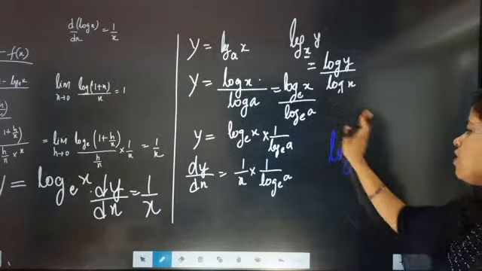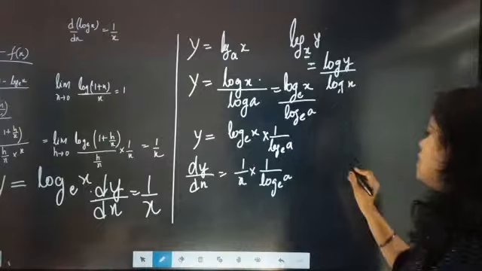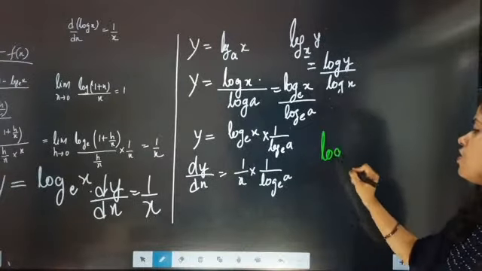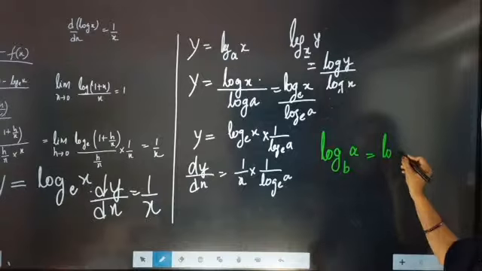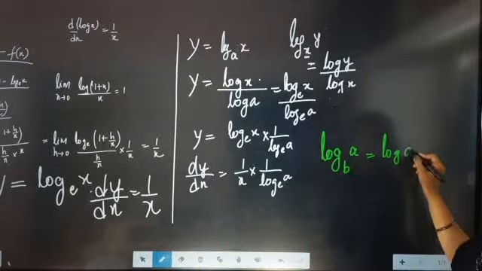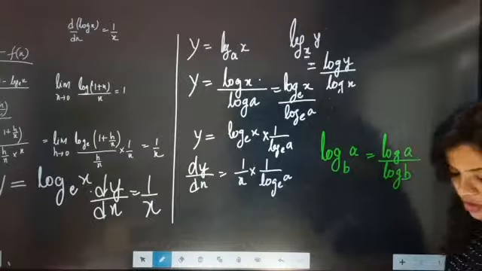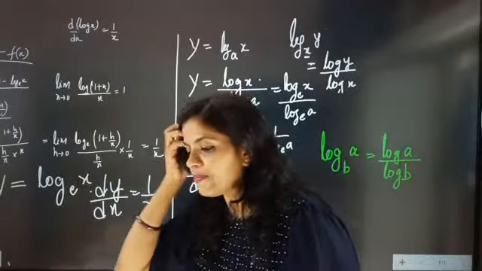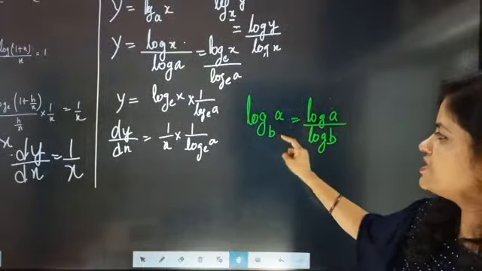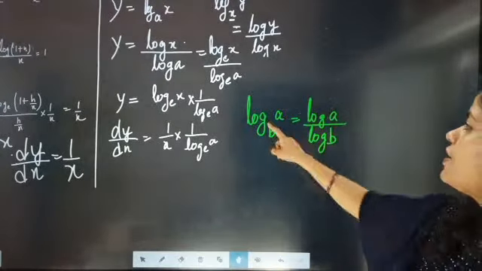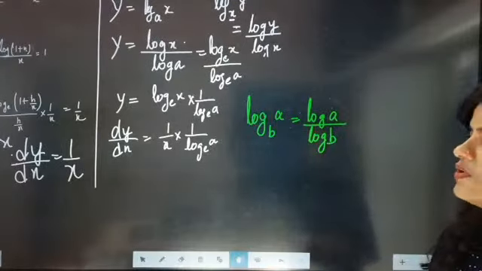The formula is: log base b of a becomes log of a by log of b. That means with log base b, the b goes down, and log a comes on top. So log a by log b, it opens like this.